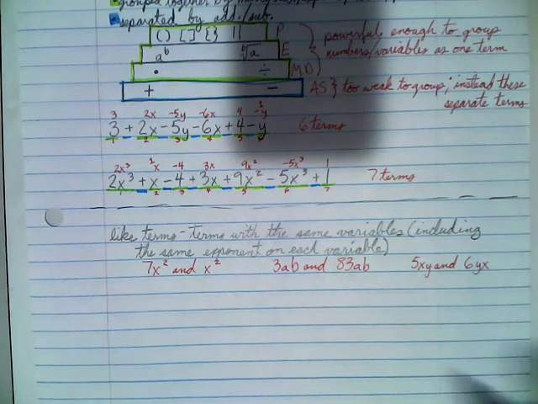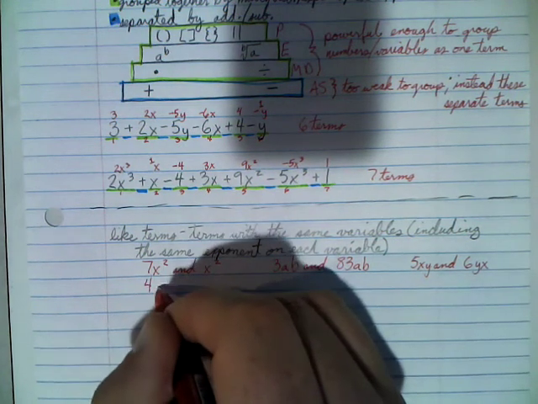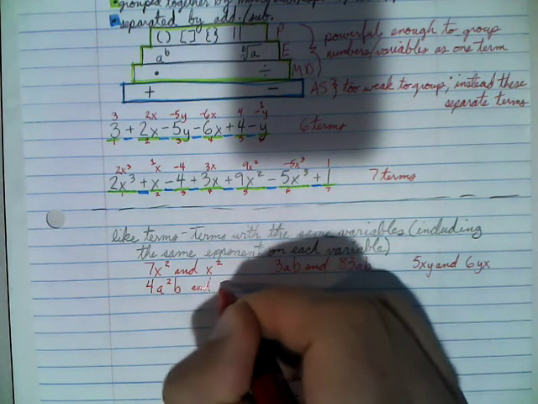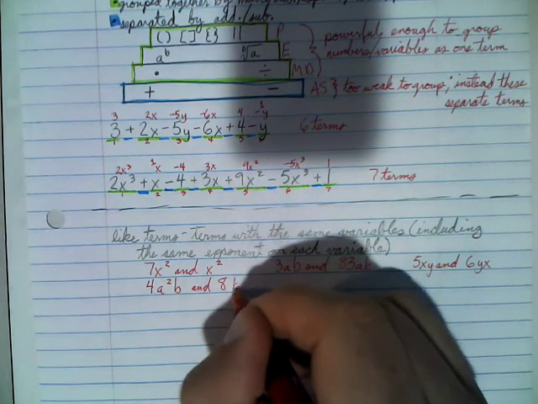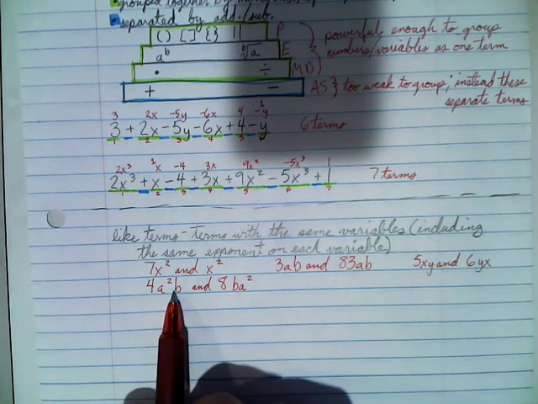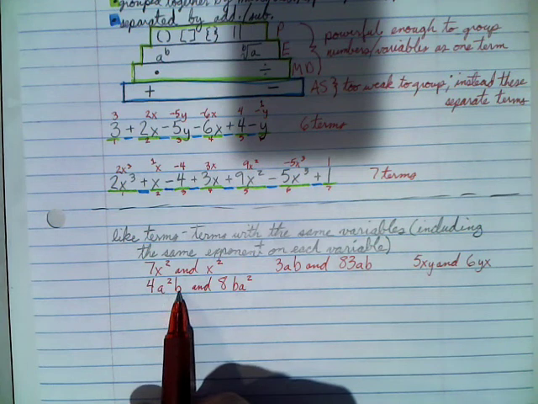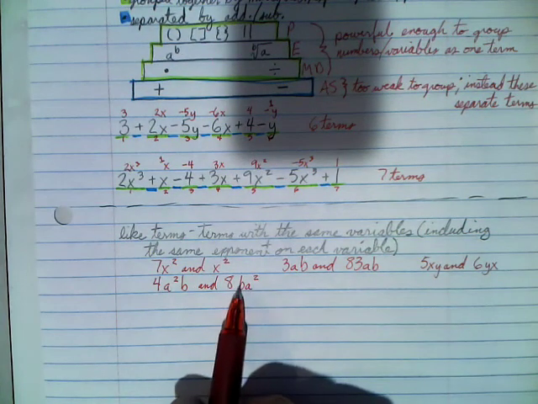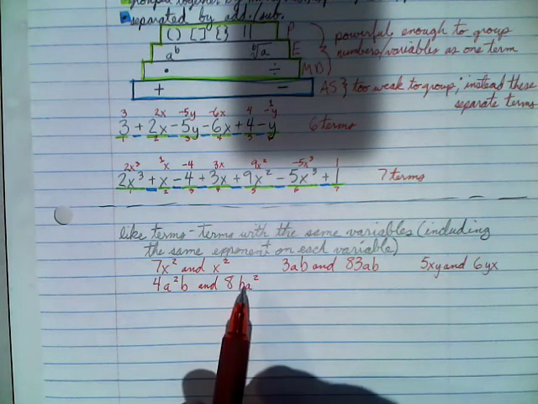Now we do have to be careful. 4a squared b and 8ba squared are like terms. Because I've looked at how many a's and how many b's do I have here. I have 2 a's and 1 b. Well, over here, how many a's do you have? How many b's? 2 a's, 1 b. So they match each other.